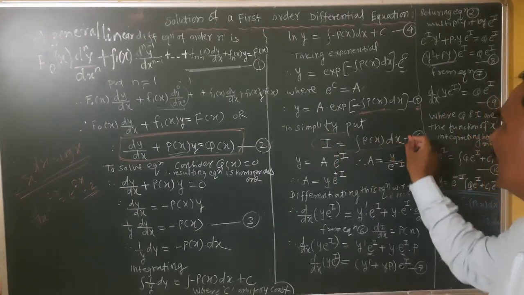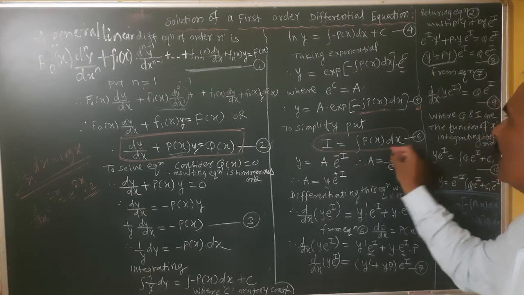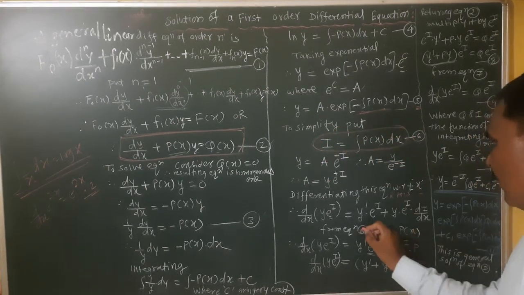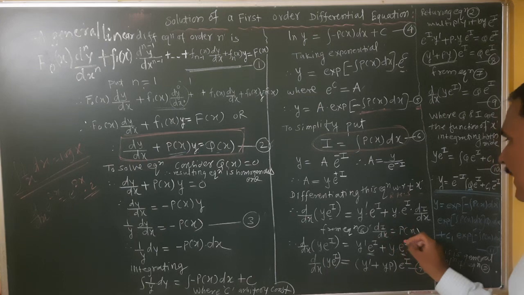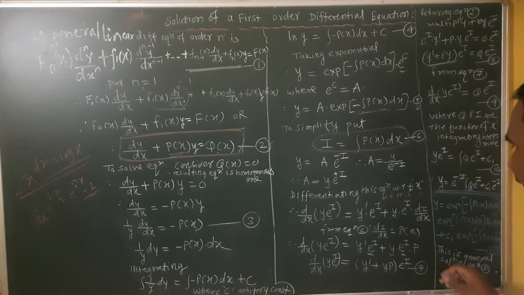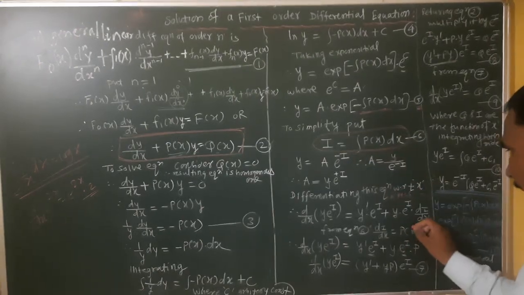Take the differentiation of this equation. What we have to get, from equation 6, is di by dx is nothing but p of x.